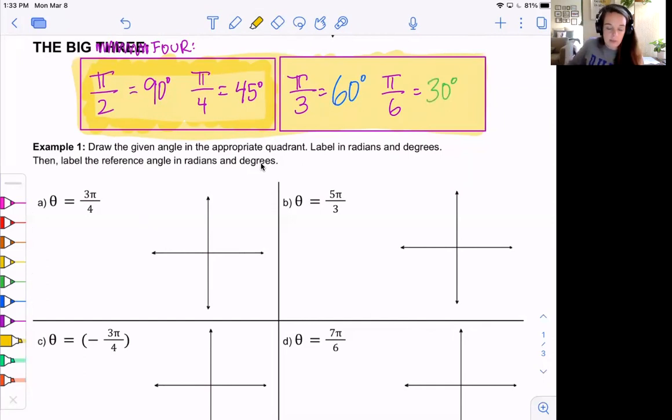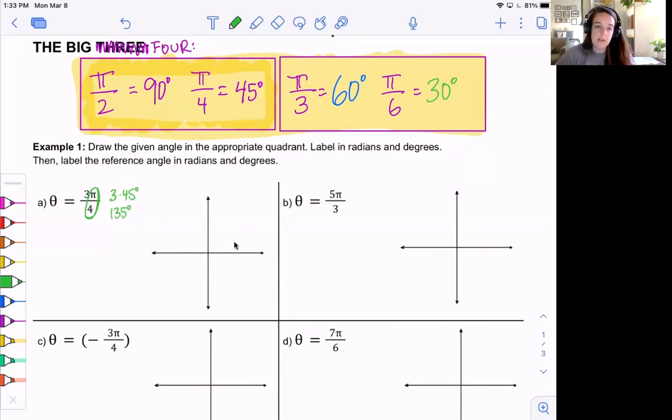The first thing I'm going to start with when I have 3 pi over 4 is to identify the pi over 4. Remember, pi over 4 is 45 degrees. I have 3 of them. So this is like 3 times 45 degrees. 3 times 45 is 135 degrees.